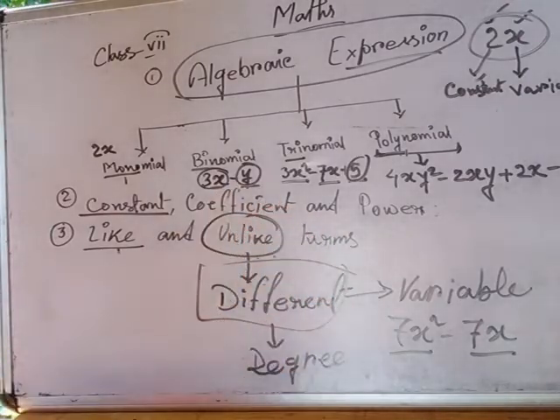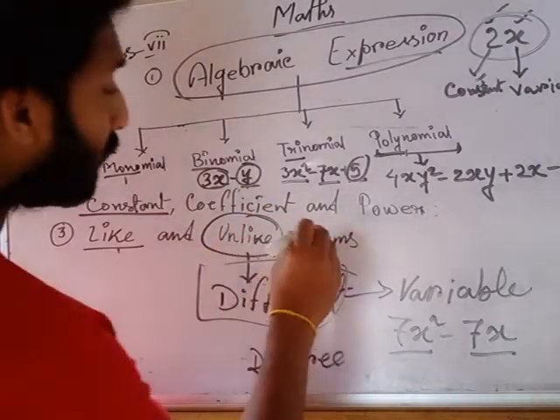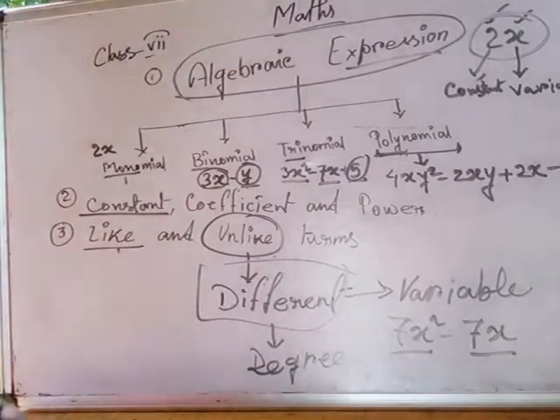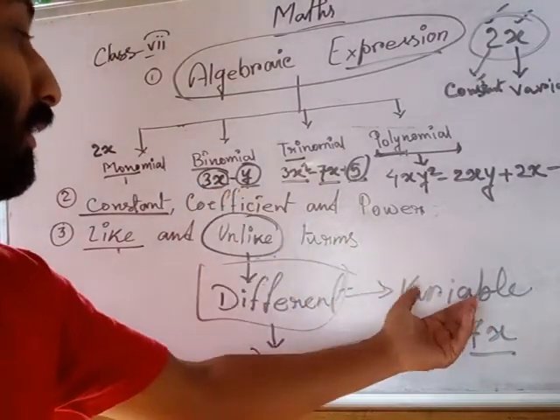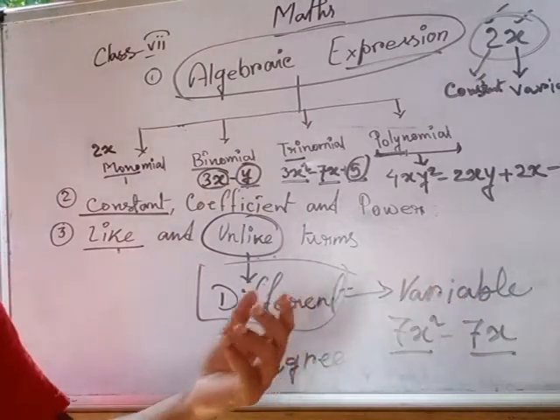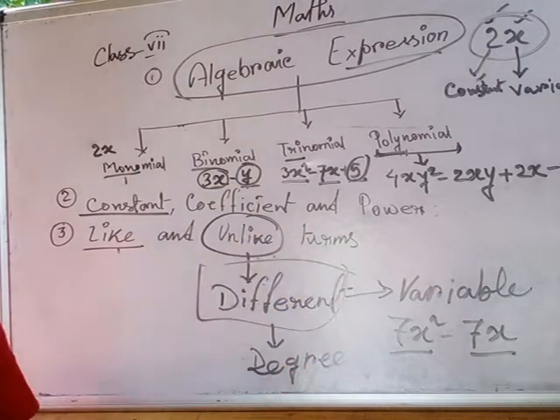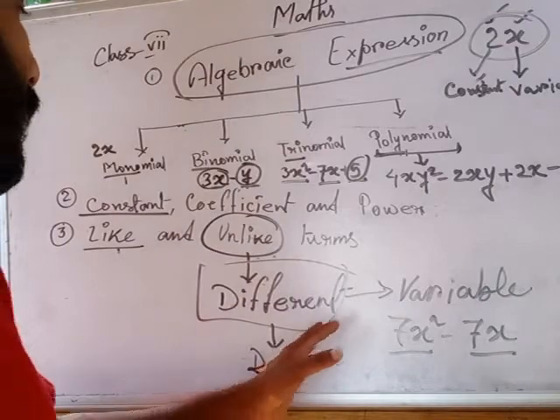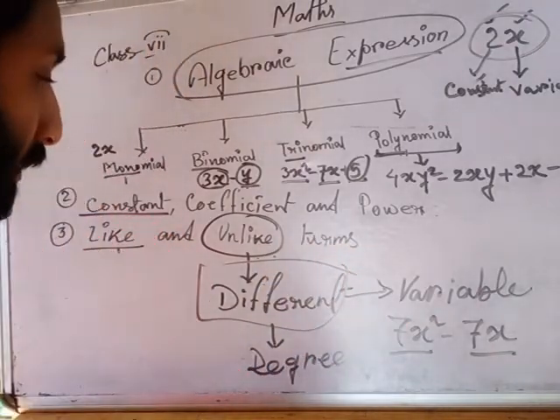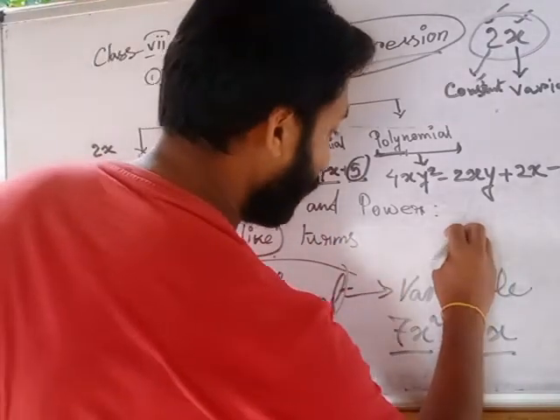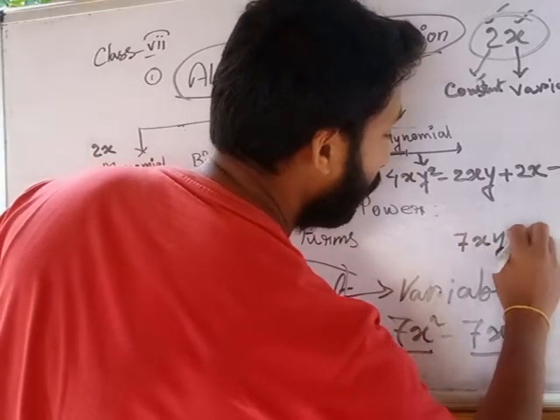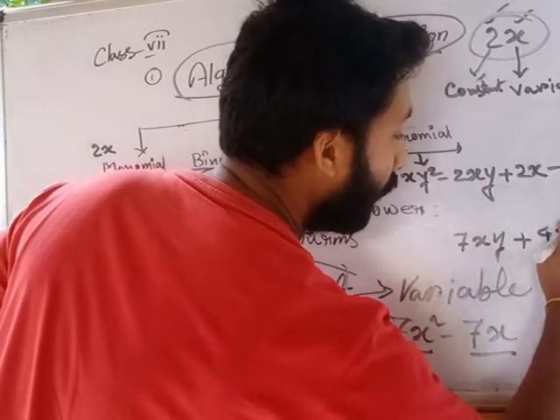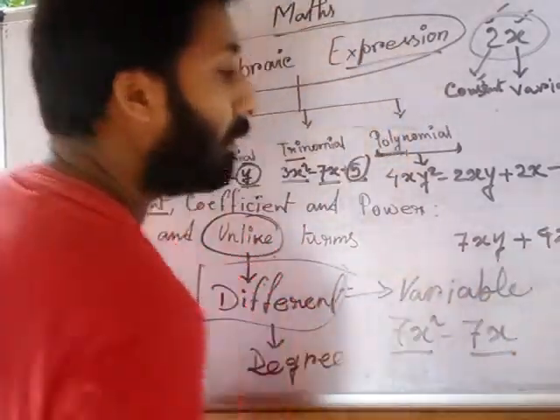Unlike terms, that means the terms have a different variable or different degree, or a different variable and also degree of the variable. Okay, that is called unlike terms. Like this, suppose it is 7xy plus 4xy square.